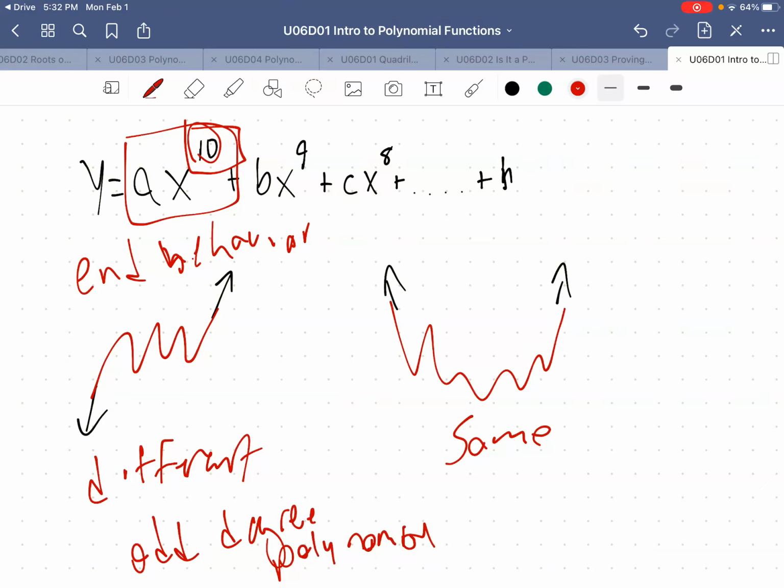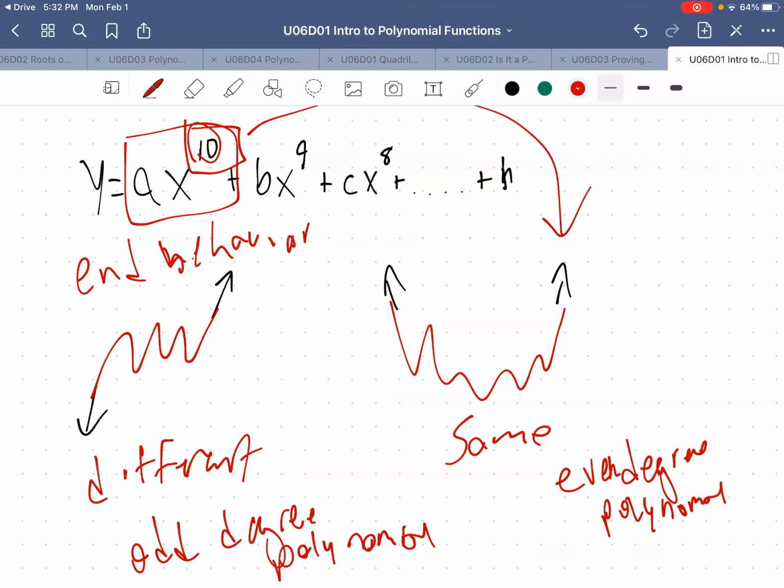Whereas they will be the same in an even degree polynomial. So this example would fall into the category of having the same end behavior because it is even. An even graph would be like x squared, which goes up on both sides, whereas x to the third would go from down to up.